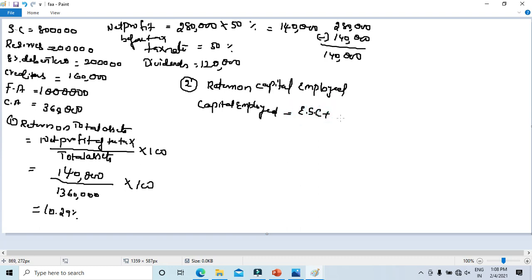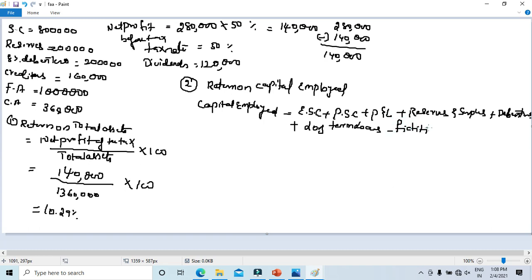Now the third formula is return on shareholders fund. Your shareholders fund is nothing but equity shareholders fund. We did this earlier in an earlier video. It includes equity share capital, preference share capital, profit and loss, reserves, minus fictitious assets.